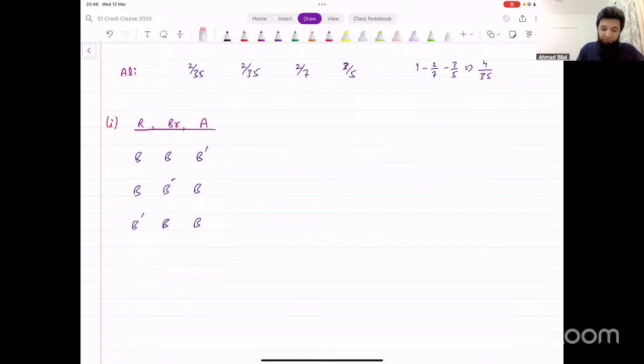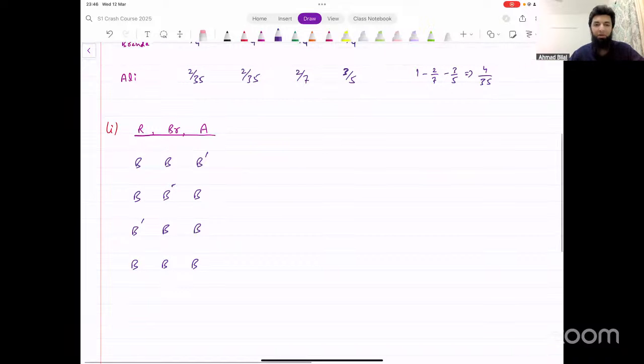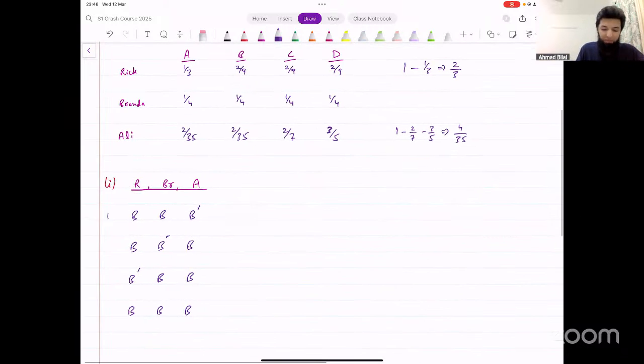So we have these 4 cases that are possible. We can find the probabilities for all of these 4 cases and add them up together, because it's either the first case or the second case or the third case or the 4th case. There's an or between these cases. So we will be adding these cases together.